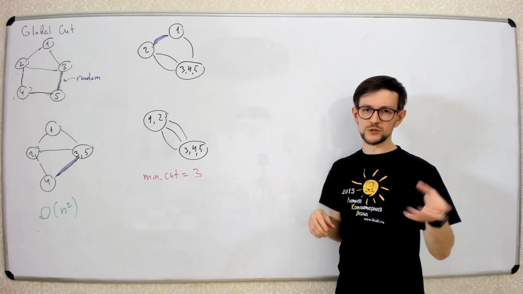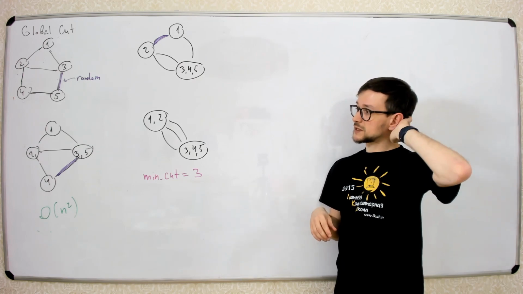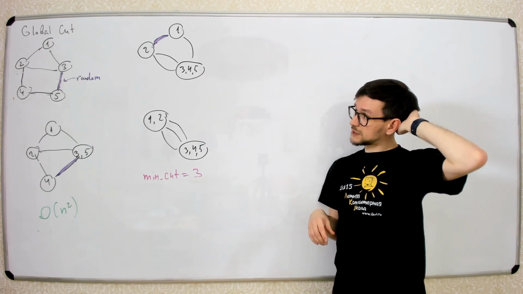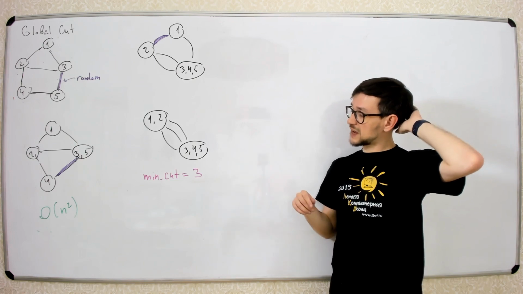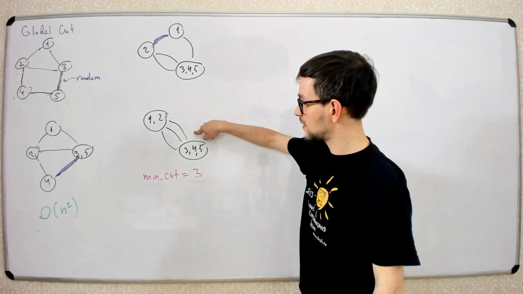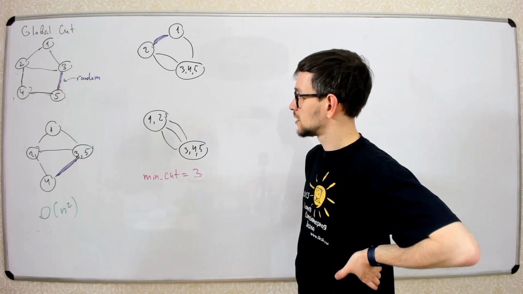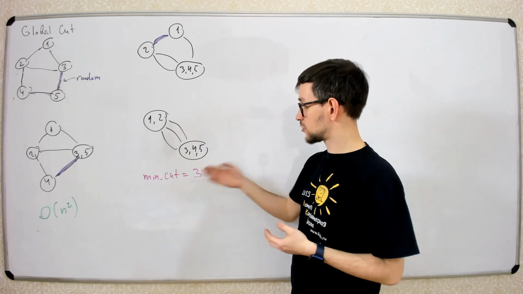Like n times you compress two nodes into one, and you can do each in linear time. So time complexity is n². What's the problem here? Problem is that sometimes we actually guess wrong. For example, in this case, we say that minimal cut is 3, but it is actually 2. So sometimes we just return the wrong result.